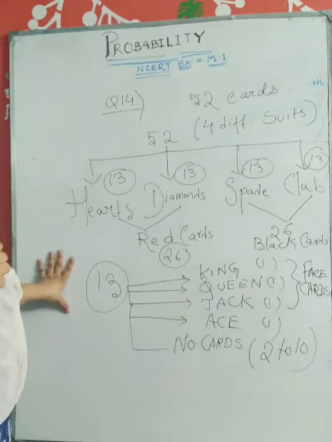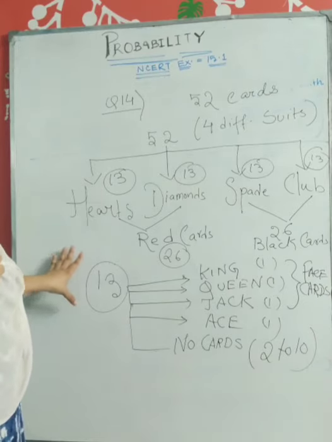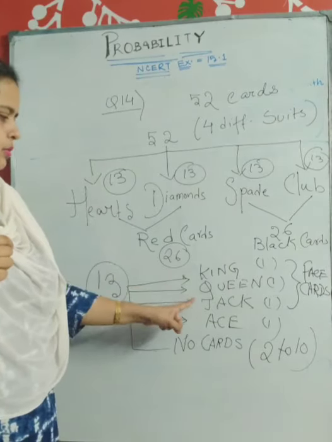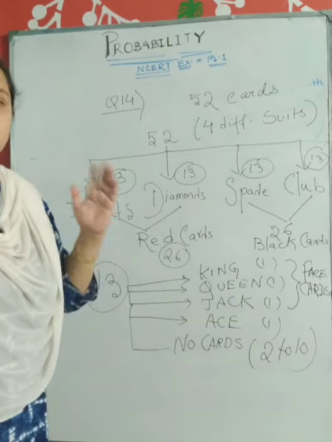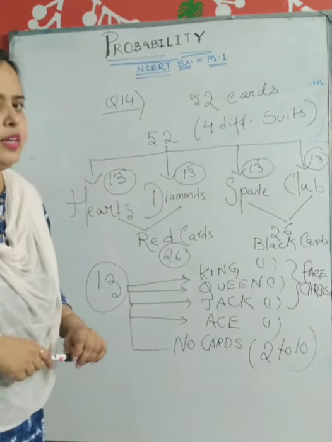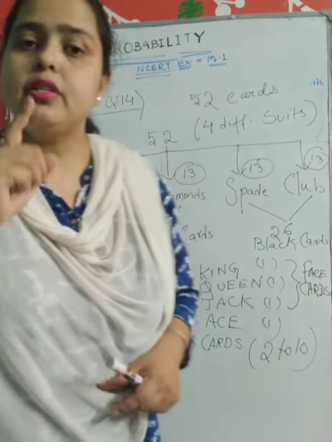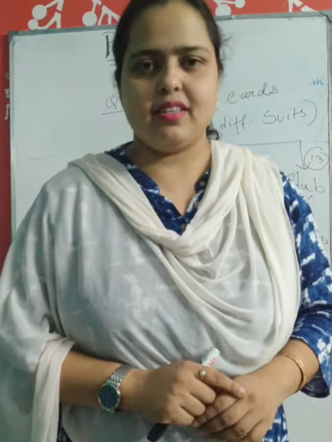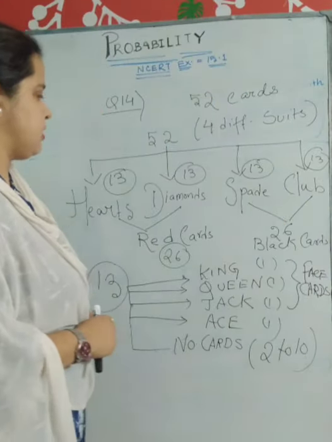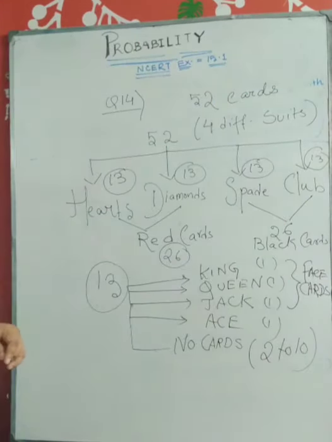And in each suit, we have 3 face cards. So 3 into 4, total 12 face cards. Let's recall, total 12 face cards. So if it is asked how many face cards, you know what to answer then.